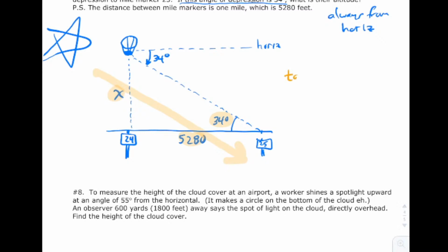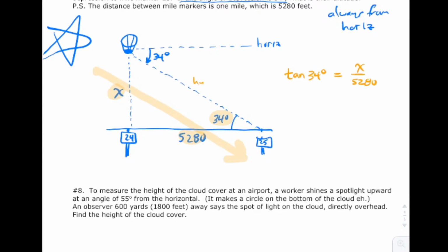You can label sides: that's the hypotenuse, that's the opposite, because I had to come through the triangle to get to the opposite side, and this would be the adjacent. So we're playing with opposite and adjacent. That's an O, that's an A, that's a TOA. The tangent of theta is opposite over adjacent, and I've already plugged into it. So tangent of 34 is equal to X over 5280.